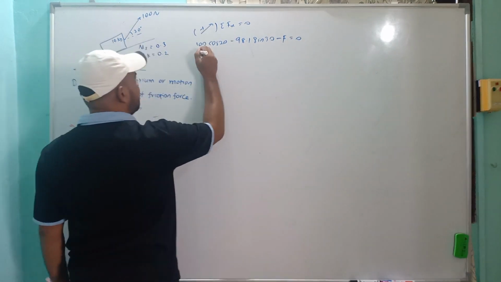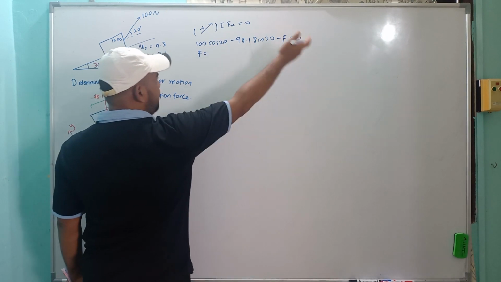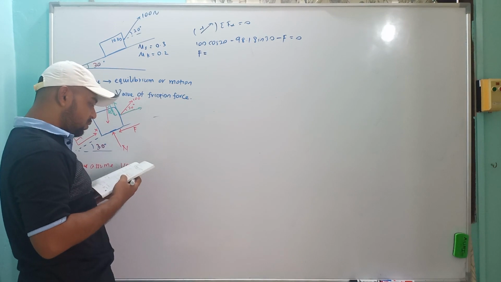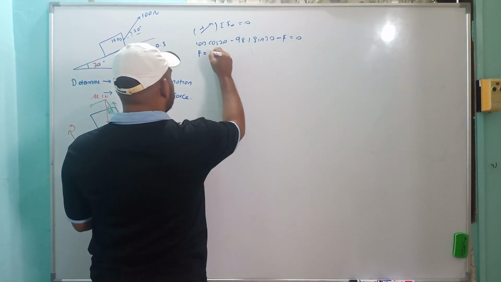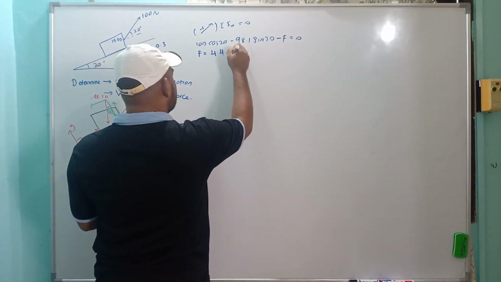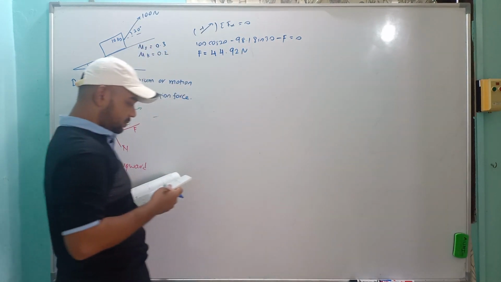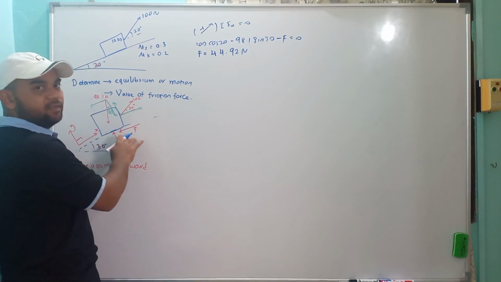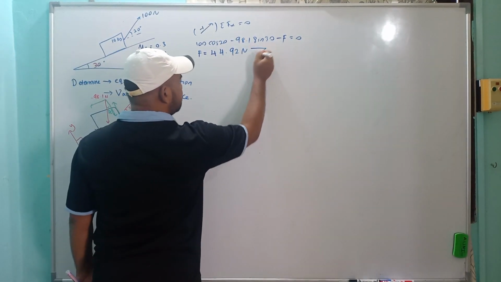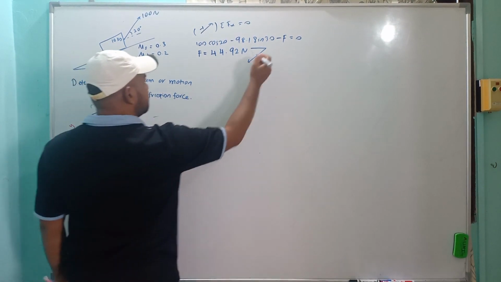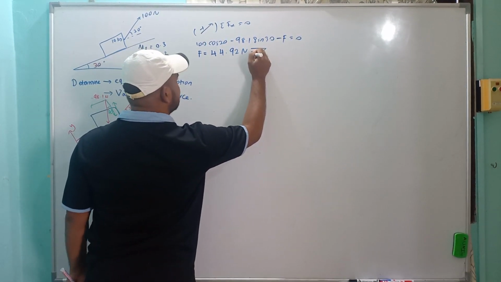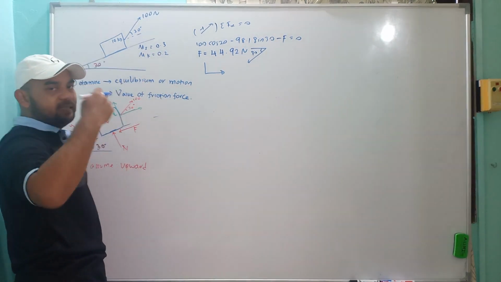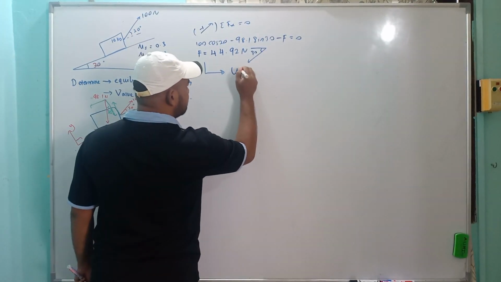From here, F equals, as I have already calculated, 44.92 Newton, meaning that it agrees with this figure. So the F is downward at 30 degrees. By this we are sure that the direction of the component is upward.